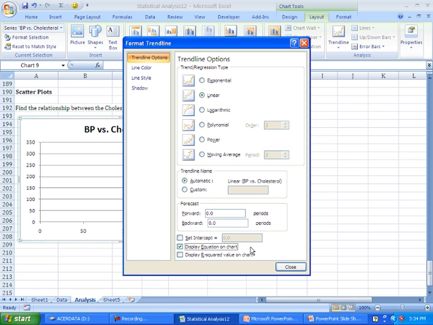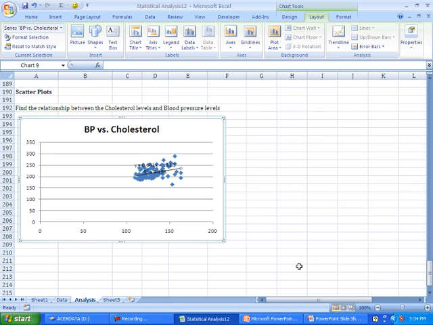We'll talk about this slightly later, but for the time being we can also talk about displaying the equation in the chart and also displaying the R squared value on the chart. Okay, there is an equation displayed, and what you are seeing is the line that has been drawn. There is some level of upward movement in the line.